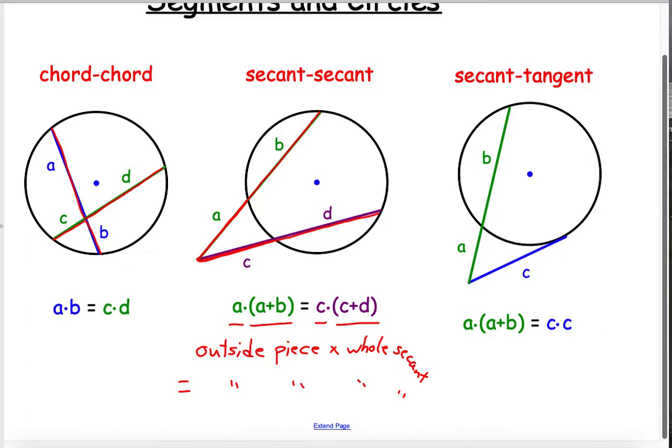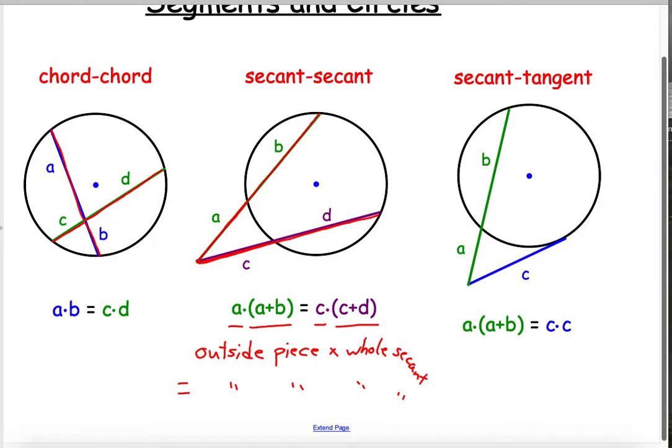It turns out, by the way, that if we draw a radius from the center to the point where that tangent hits the circle, the radius is going to be perpendicular to the tangent. And so that's really useful in solving some problems with circles. But for now, we're not going to worry about that. And we're just going to focus on the lengths of the green and the blue segment.